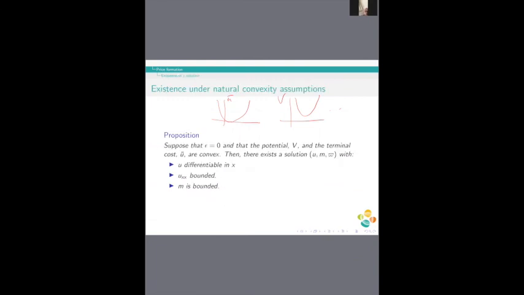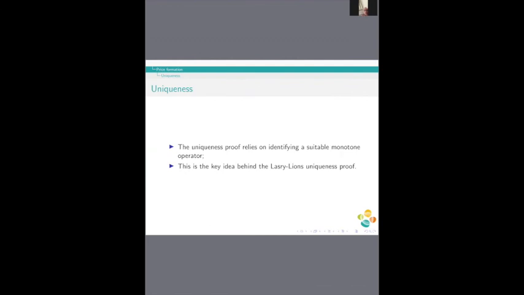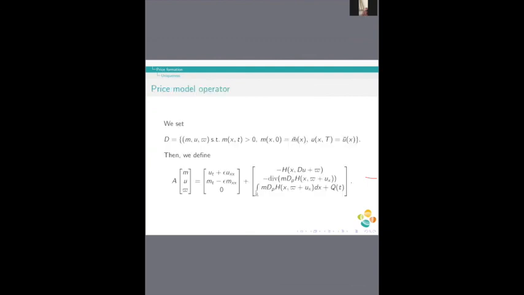So in the last one minute, let me just address briefly the uniqueness. And the uniqueness relies on identifying a suitable monotone operator. And this is really the identity behind the Lasry-Lions uniqueness proof. And the thing is that the operator that is monotone is an operator that takes mu and the price into the Hamilton-Jacobi equation, transport equation, and the balance condition.